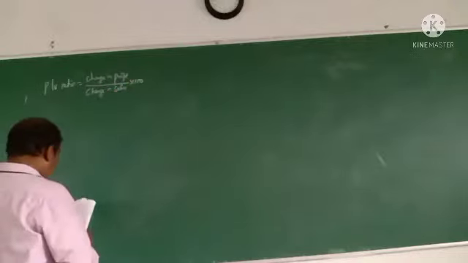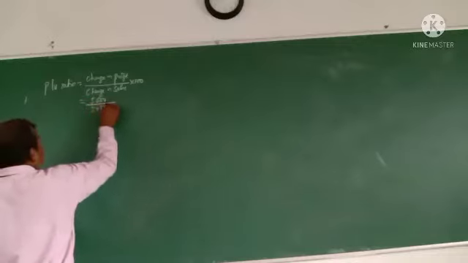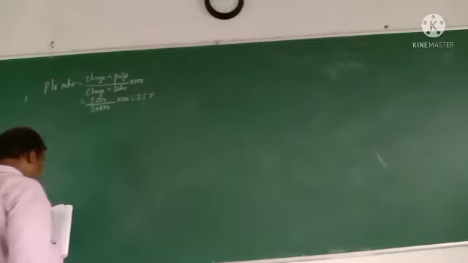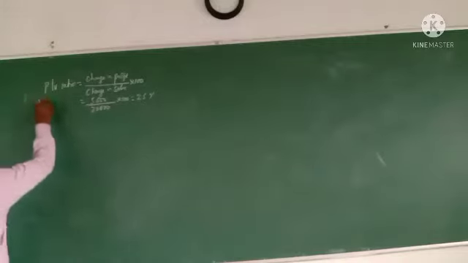Change in profit is 5,000, change in sales 20,000, into 100, we get 25%. So it is the second formula.